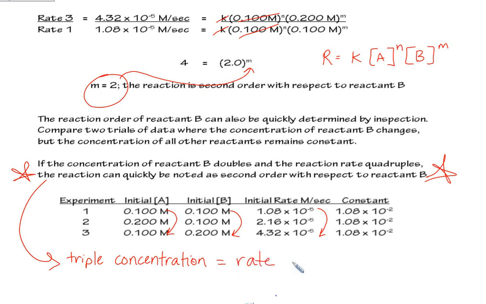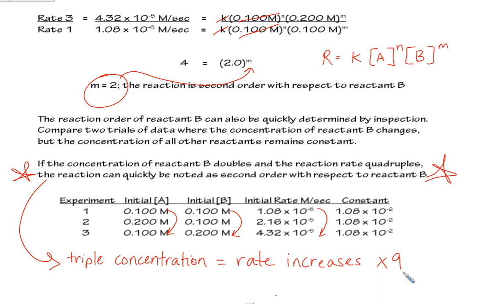The rate increases by 9. That's 3 to the second power. That's second order. Or another one: what if we increase the concentration by 4?